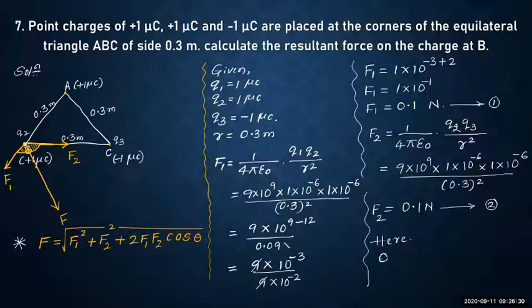Yes, see, as it is an equilateral triangle, the interior angle is 60 degree. Then automatically the remaining angle is 120 degree. So theta is 120 degree here. Is it clear?